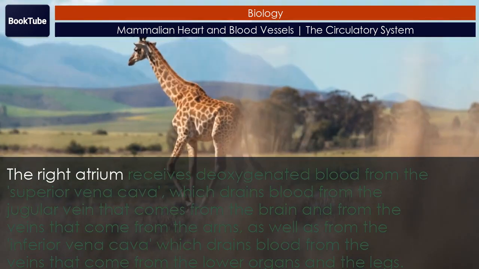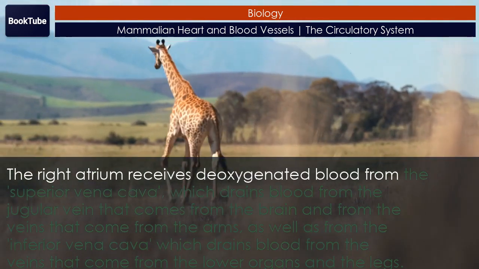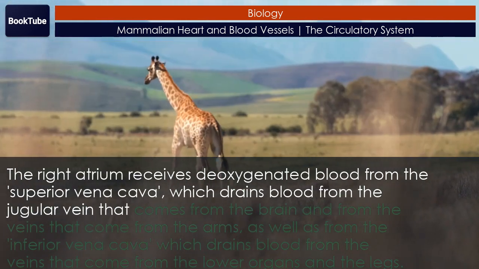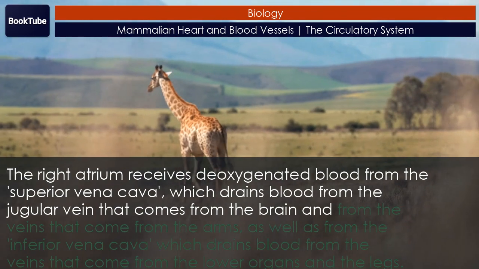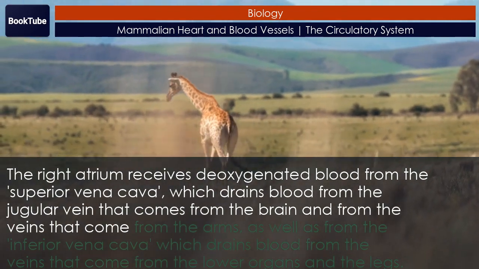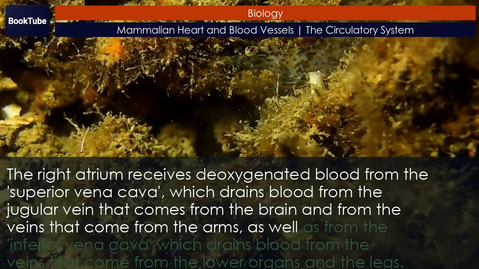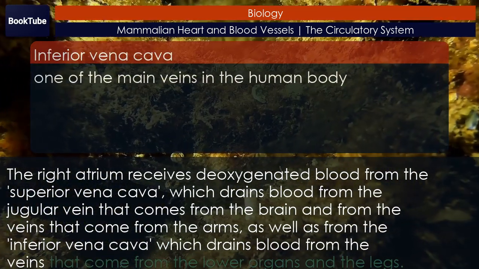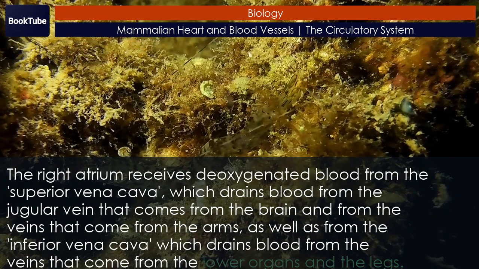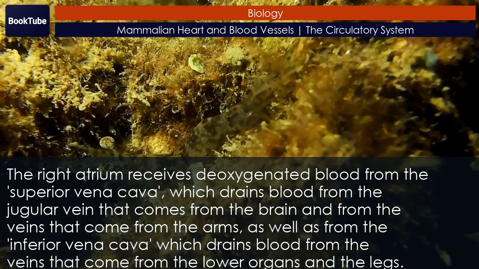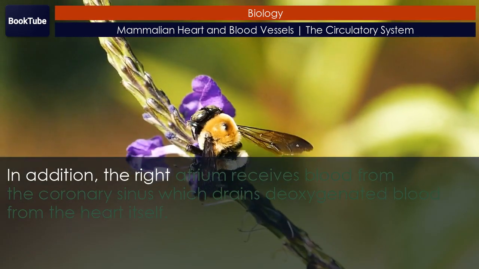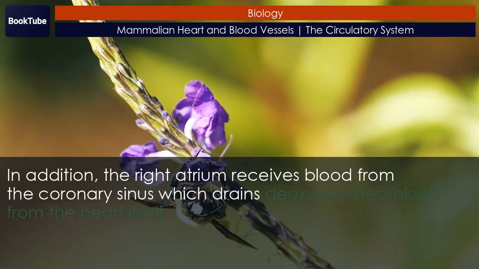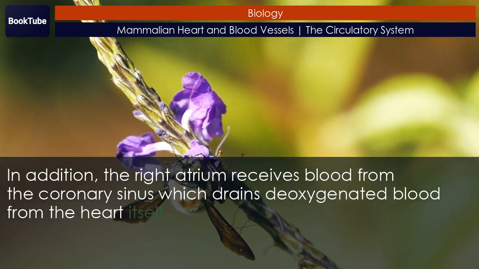The right atrium receives deoxygenated blood from the superior vena cava, which drains blood from the jugular vein that comes from the brain and from the veins that come from the arms, as well as from the inferior vena cava, which drains blood from the veins that come from the lower organs and the legs. In addition, the right atrium receives blood from the coronary sinus, which drains deoxygenated blood from the heart itself.